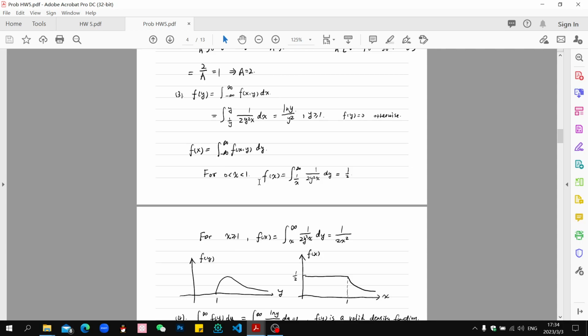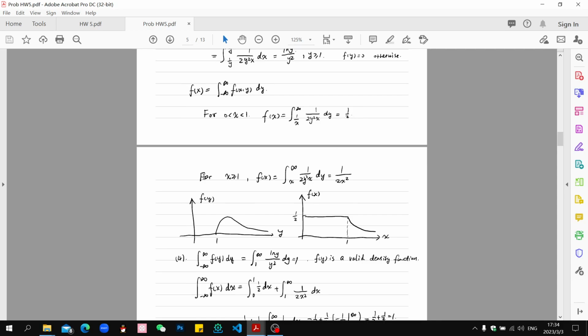For x smaller than 1, fx is this integral. Integral of the function from 1 over x to infinity. That is 1/2, that is a constant.